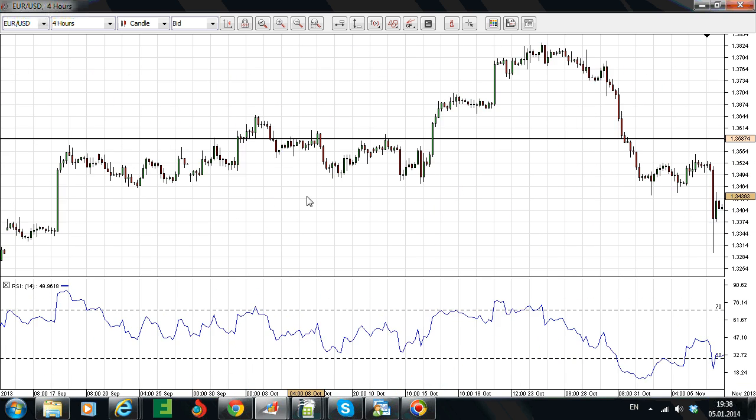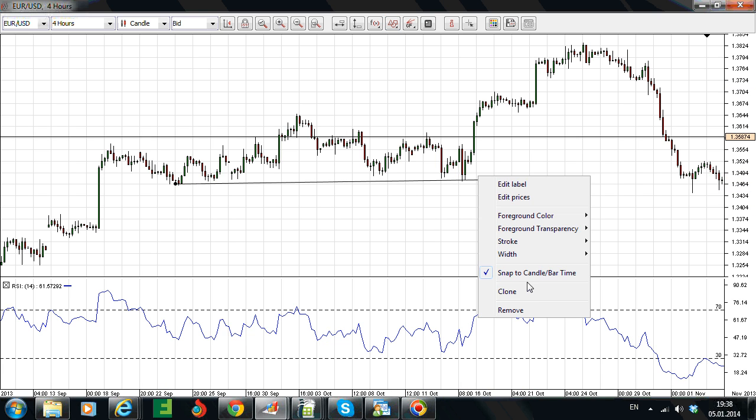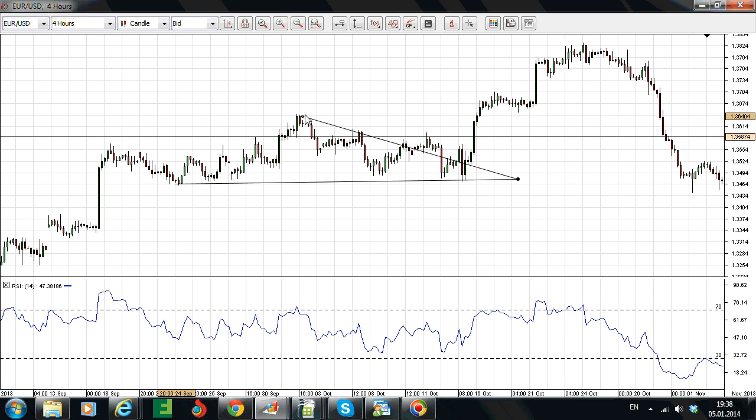For example, here we have a nice contracting triangle of a lower degree, A, B, C, D, E. Whenever you identify such a triangle, the logical thing to do is to buy put options when the oscillator comes into the overbought area, and buy call options when the oscillator comes into the oversold area.